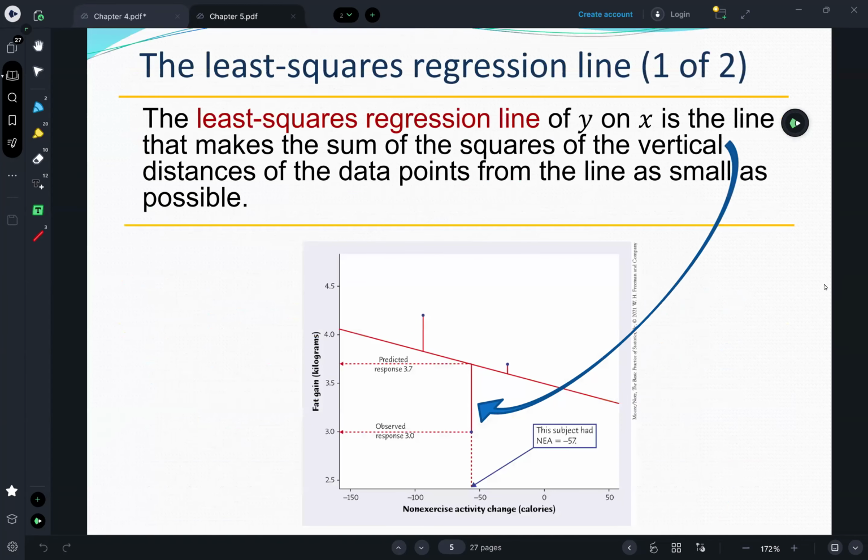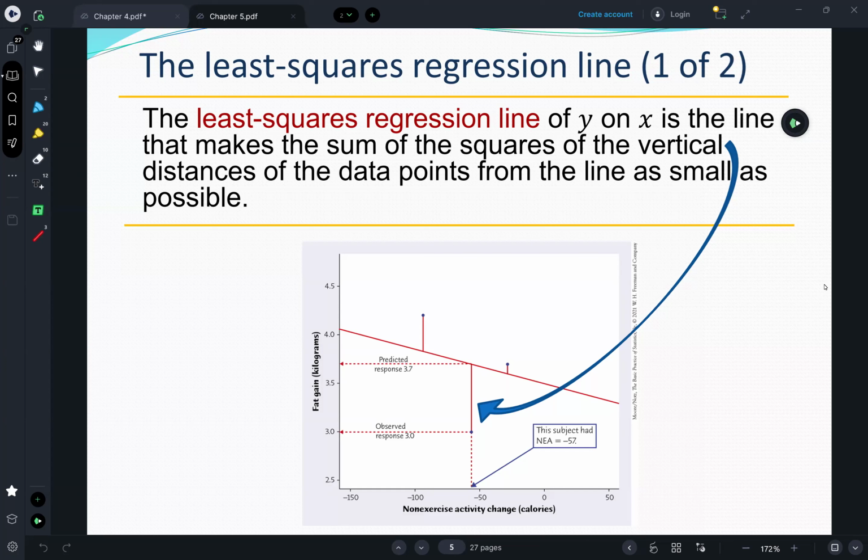But the least squares regression line is the sum of the squares. It's not just any line, it's a specific line where we take into consideration all the data points and we find the minimum distance from each data point to the line.